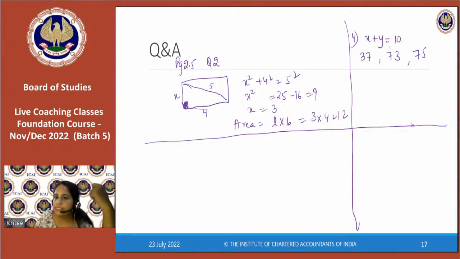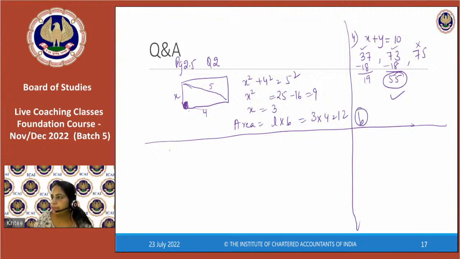Sum of the digits is 10. So either this or this cancels out in the first condition. If 18 is subtracted, subtract 18 from both of them. Subtracting 18 here gives you 19, and here gives you 55. The digits become equal. So your answer here is B.